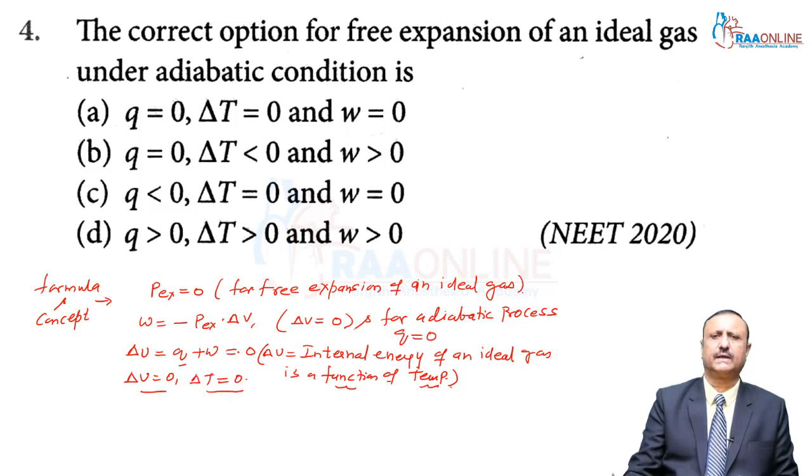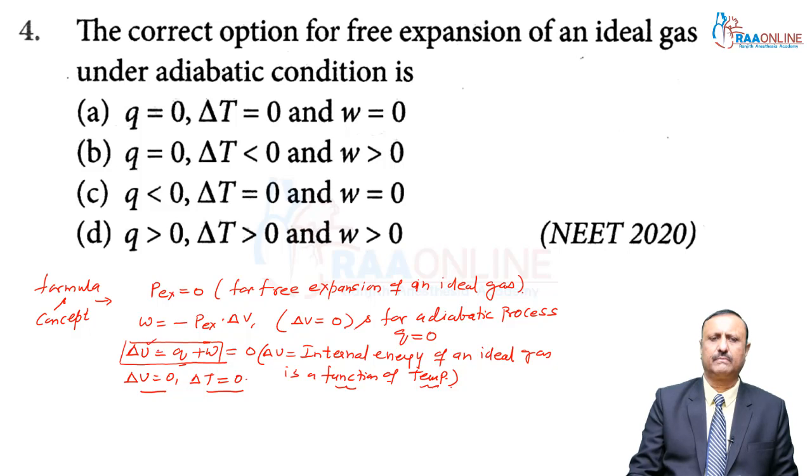So, my dear students, for the correct option for free expansion of an ideal gas under adiabatic condition, you can see that in adiabatic condition P external is equal to 0. So W is equal to 0, and for adiabatic, no heat is given and no heat goes out from the system, so Q is equal to 0. When we put in the first law of thermodynamics, delta U is equal to Q plus W, then Q is 0, W is 0, so delta U is equal to 0.